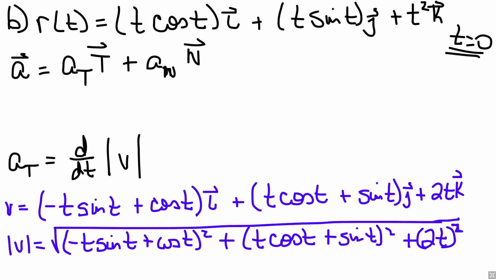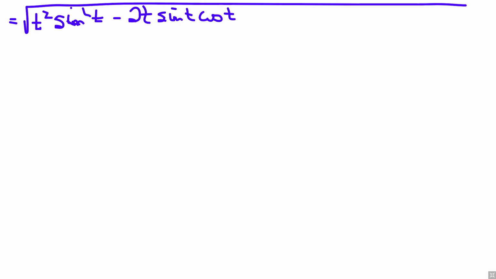So what we're going to have is this. We're going to have the square root of, okay, the first term squared out, we're going to end up with t squared sine squared t minus 2t sine t cosine of t plus cosine squared t plus.